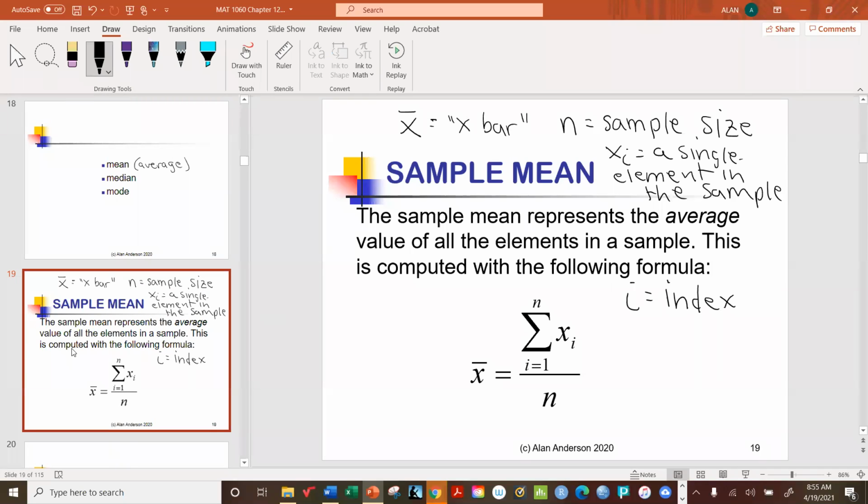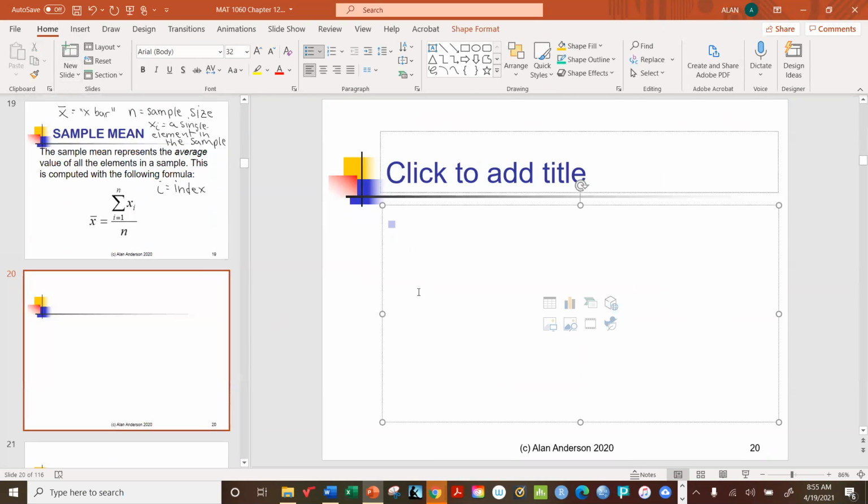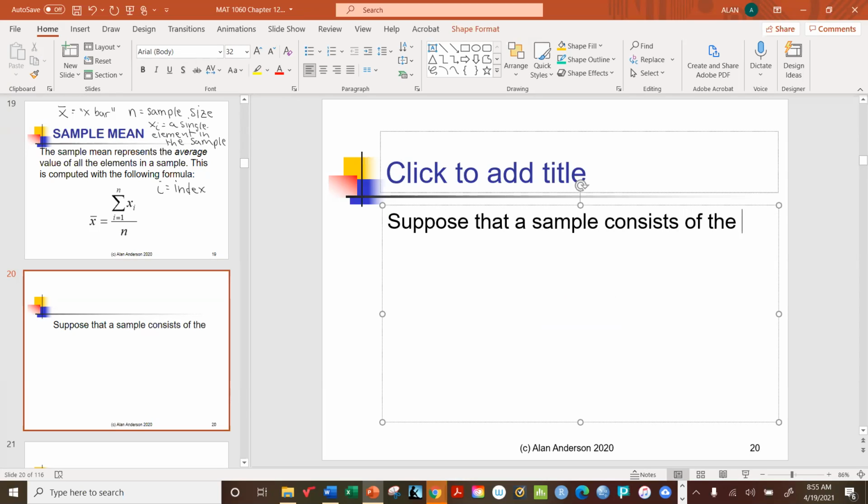Let me jump ahead to the next slide for a second, just to show you what this would be all about. And this could be done in a lot of ways. Suppose that a sample consists of the prices of a coffee at Starbucks.